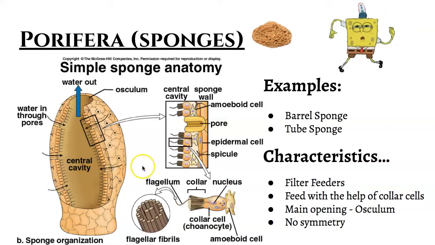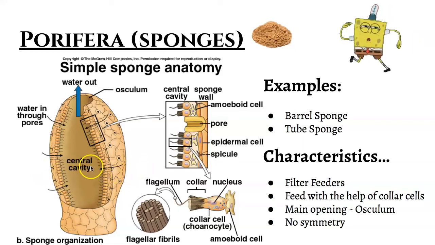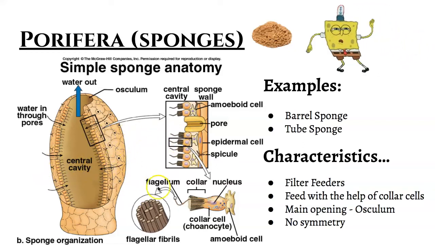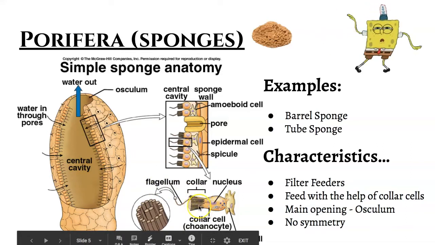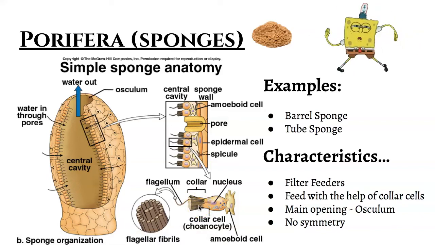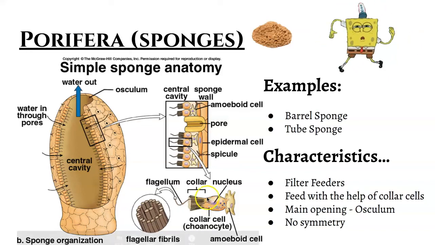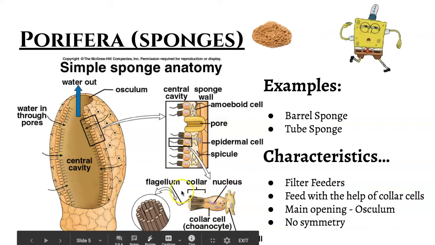And this current is sucking in water from the outside of the sponge and bringing it all in. As that water is being filtered through the sponge, this little collar is filtering all these particulates. It's getting all these microscopic organisms like bacteria, protists, and algae, and it's going to use those as nutrition. And so that's how it's getting the food.